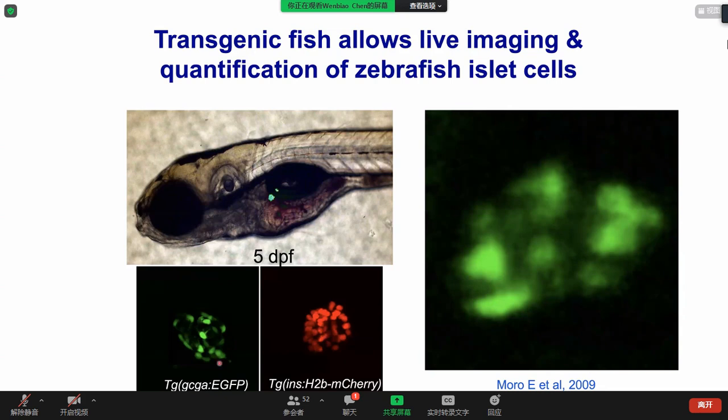And we have validated those models, indicating that every GFP-positive cell is also glucagon positive, and every mCherry-positive cell is insulin positive.